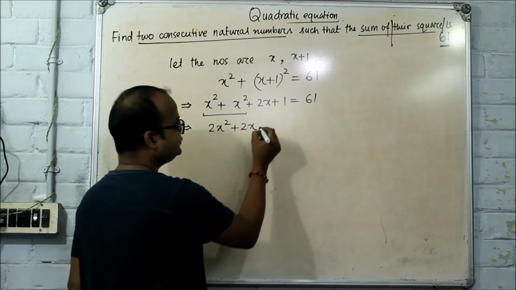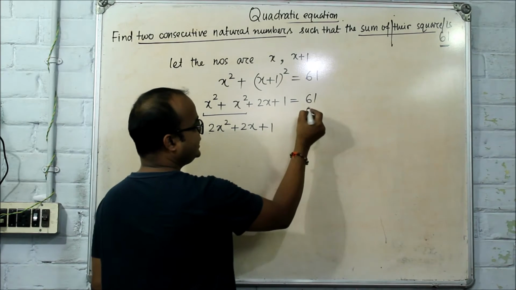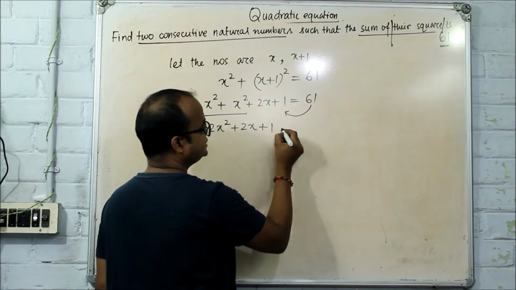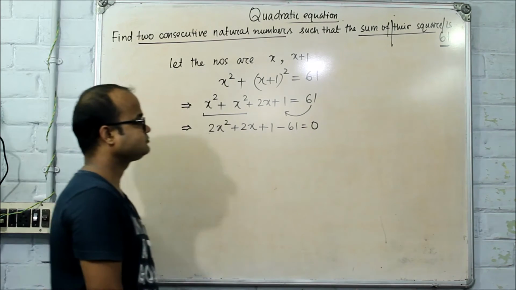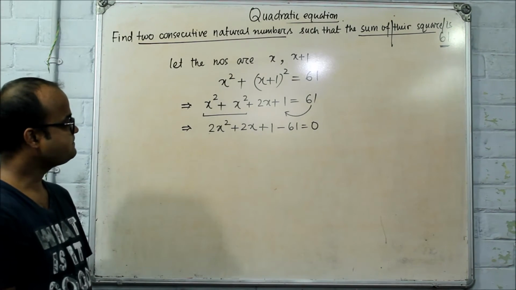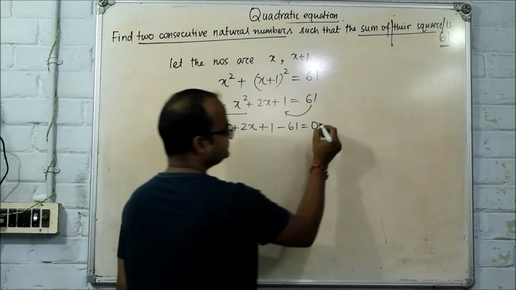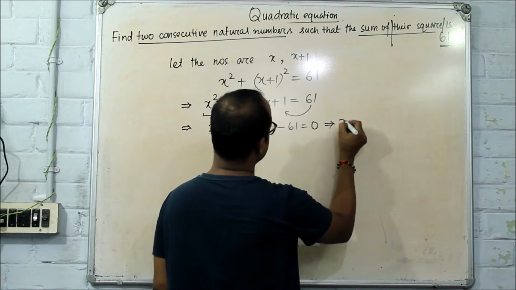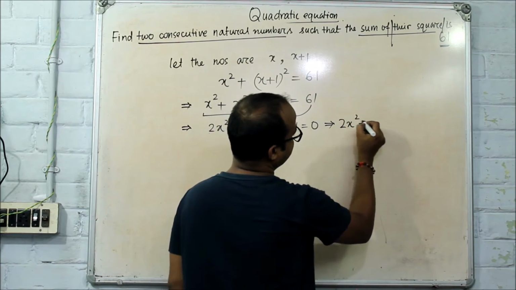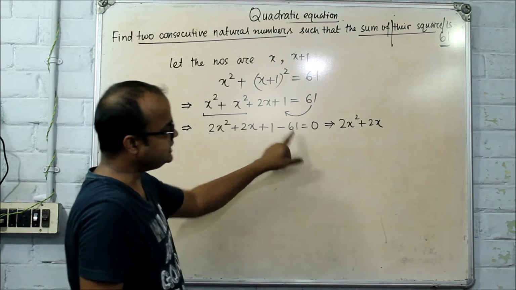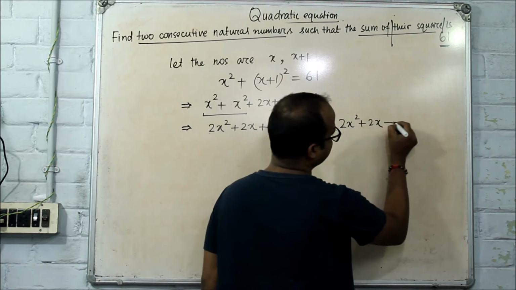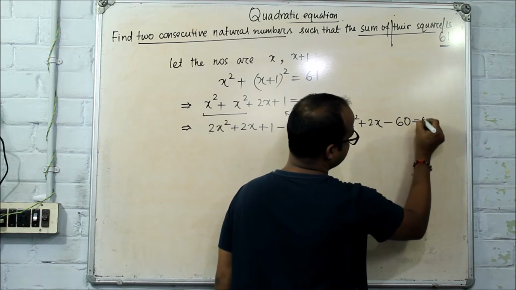Now this is plus 1. And if you take 61 to the other side, it will become minus 61 is equal to 0. Clear? So this will be 2x square plus 2x plus 1 minus 61, that is minus 60, is equal to 0.